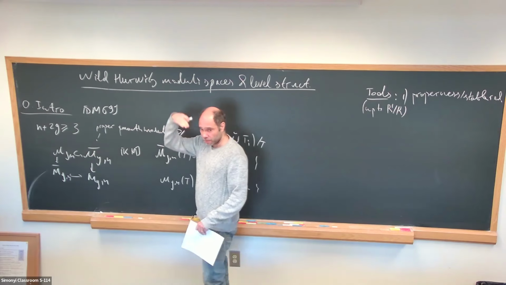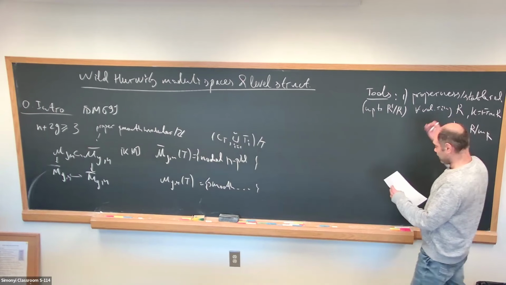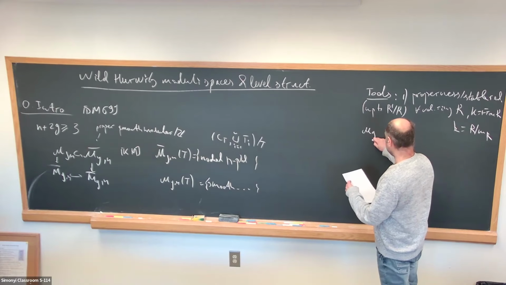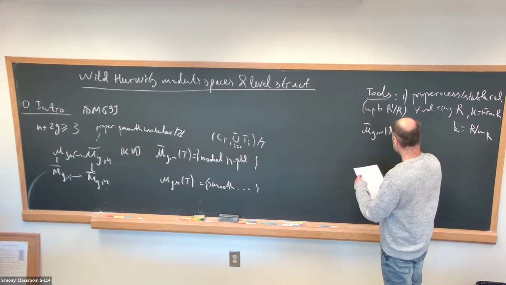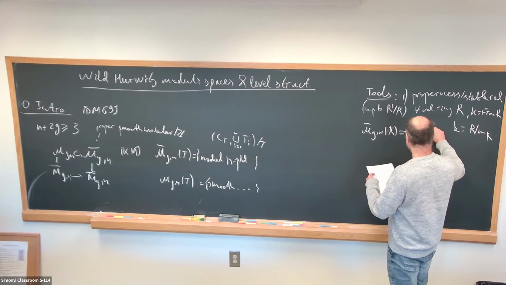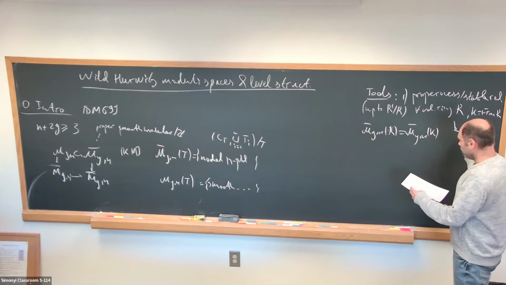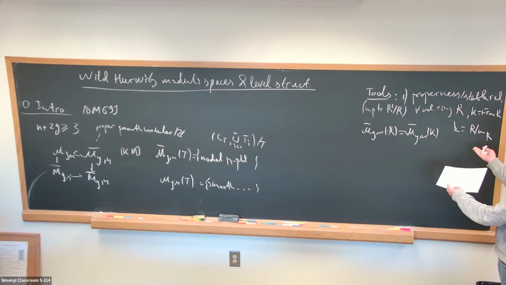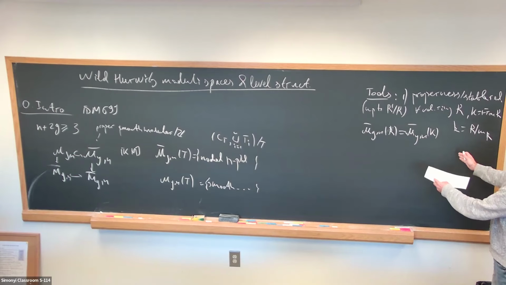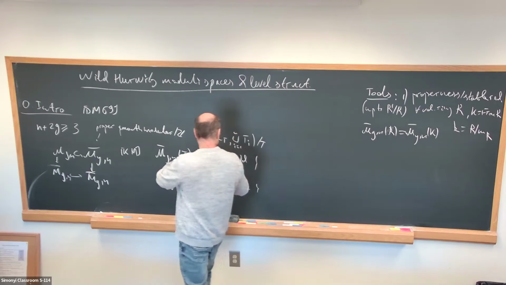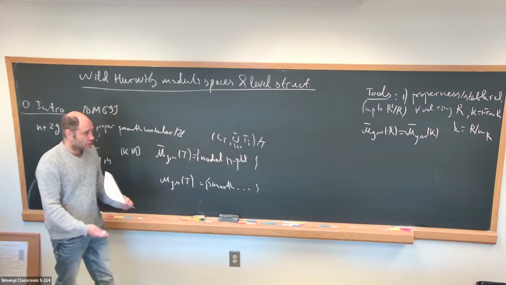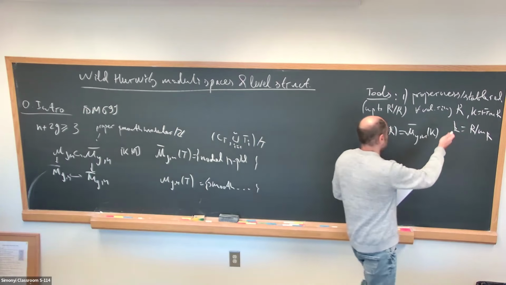Yeah, and for such a thing, you have that M̄_{g,n} of R restricted to K is M_{g,n} of K. The non-trivial thing here is that if you start from a curve over K, you can extend it and extend uniquely, and it was the question how to design these conditions in order to ensure this. So this is what underlies this.